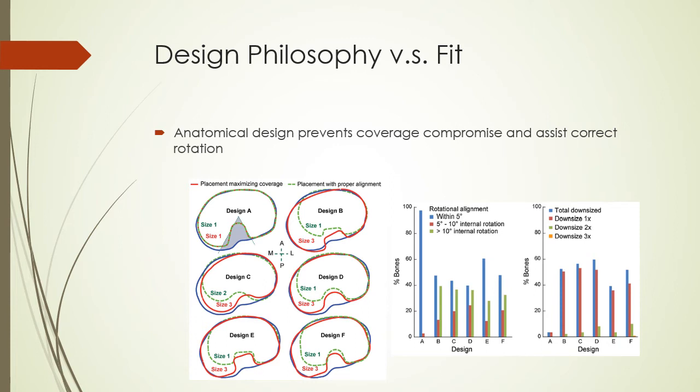For example, design C, D, E, F, and design B, you can see that you can get a better coverage, a larger size of the tray, only if you internally rotate the placement. But on the other hand, we know internal rotation of the tibial tray may result in abnormal kinematics, excessive wear, and essentially leading to worse clinical outcomes. So that's actually more critical than achieving a few percentage more of coverage.